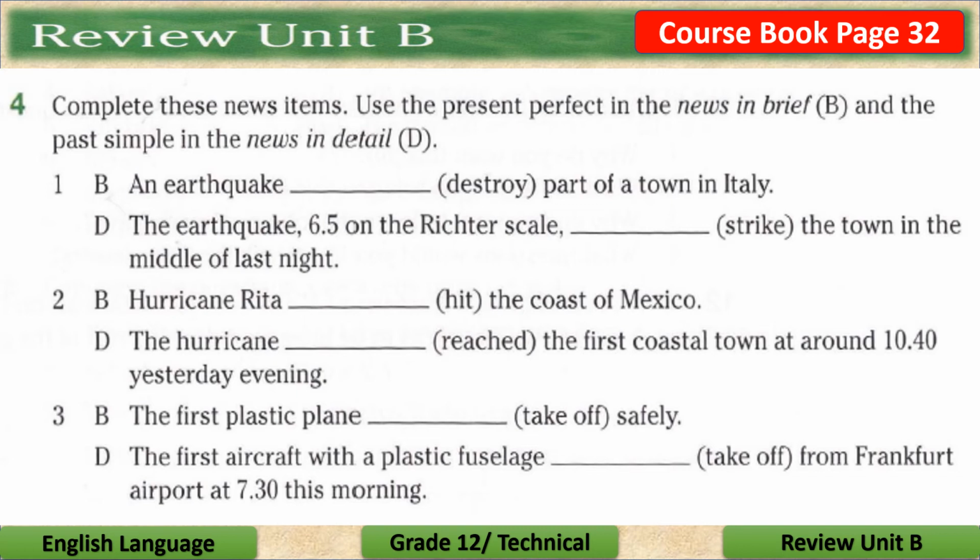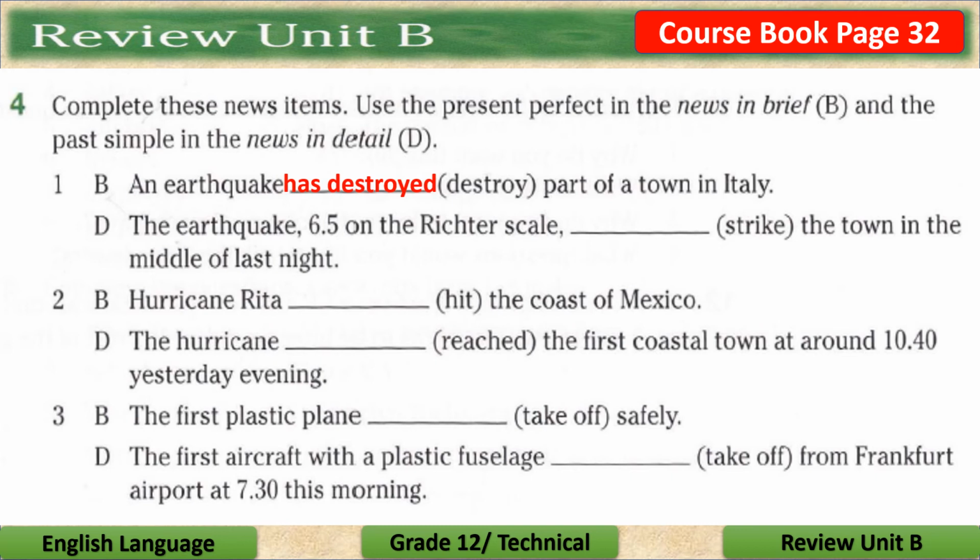Let's begin now. Number 1, B: an earthquake destroy part of the town in Italy. As you can see, the time in this sentence is not mentioned, so we use the present perfect simple. An earthquake is singular, so we use has, and the past participle form of the verb destroy, which is destroyed.